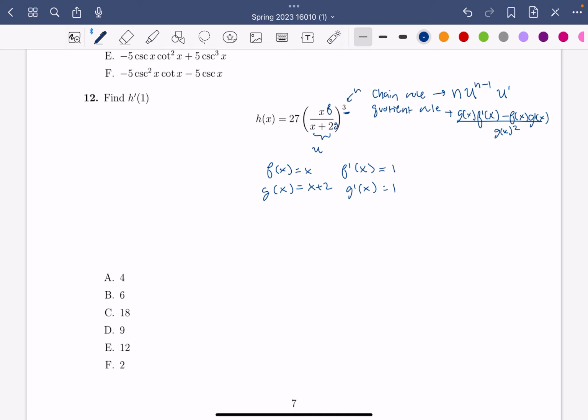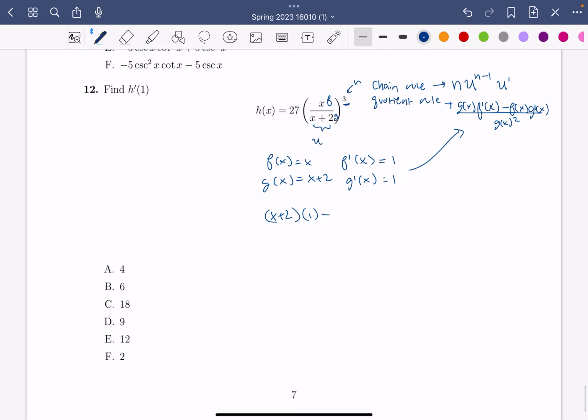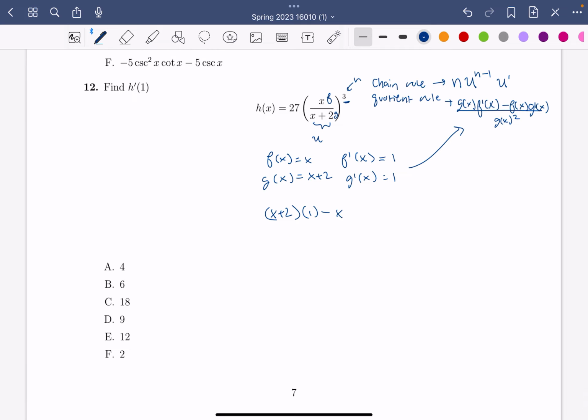Now if we plug it into our quotient rule, we would find that g of x, so that's x plus 2, times f prime of x, which is 1, minus f of x, which is x, times g prime of x, which is 1, all over g of x, so x plus 2 squared.